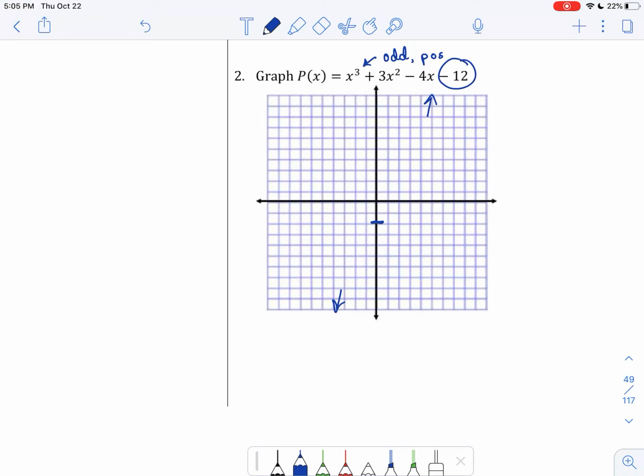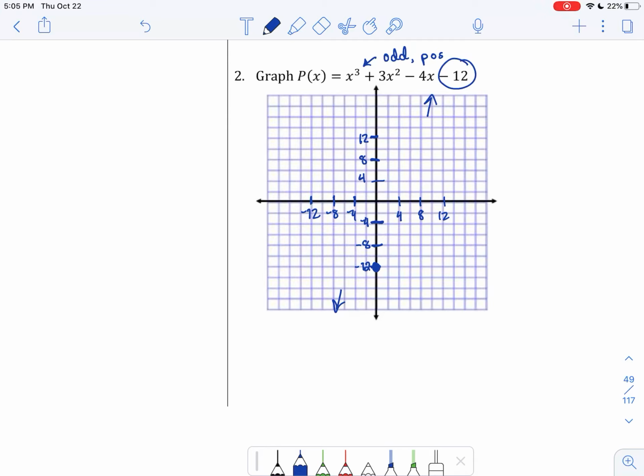So I'm going to call each square 4. So this would be negative 4 here, negative 8, negative 12, positive 4, positive 8, positive 12, negative would be here, negative 4, negative 8, negative 12, positive 4, positive 8, positive 12. So we have a y-intercept right here.